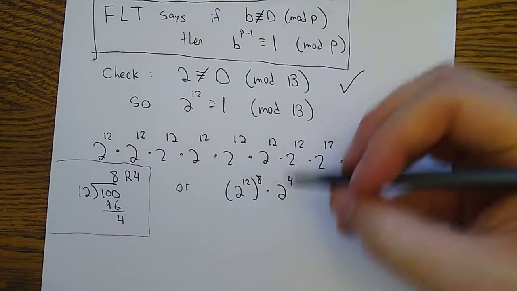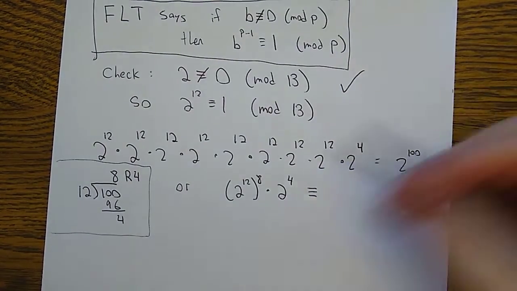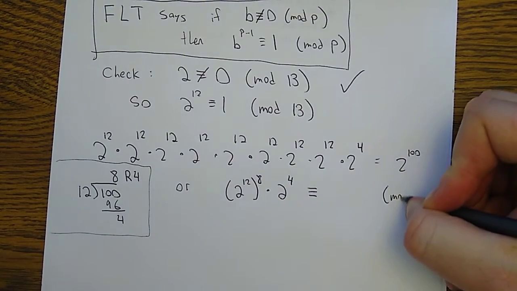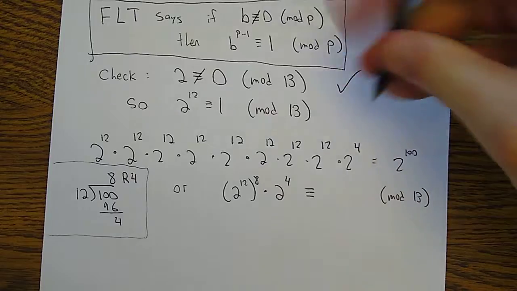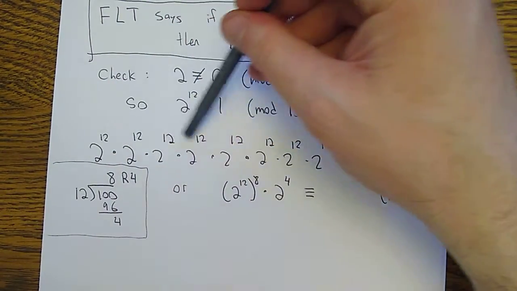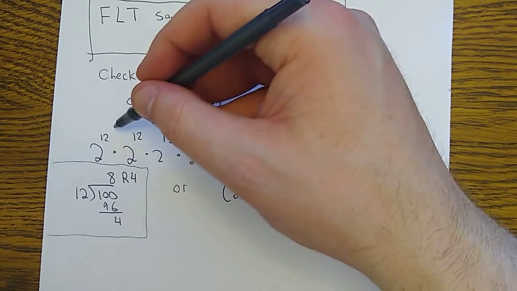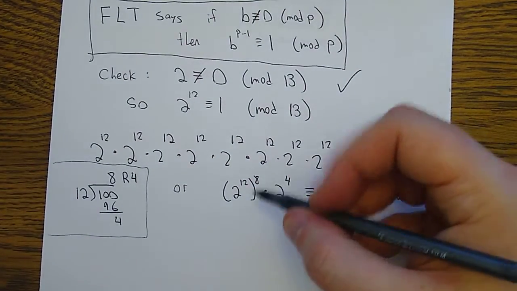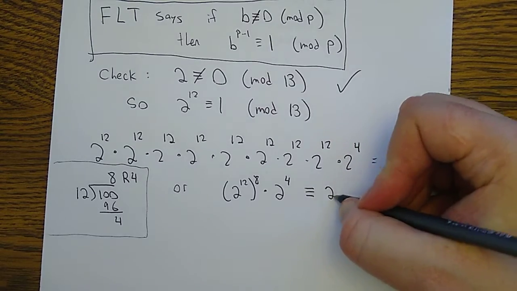But so the point is, 2 to the 12th is 1 mod 13. That's why I was separating out all these 2 to the 12th, because this is painful to write all of this, but after I write it, every single one of these is just 1. So the only thing that matters is this 2 to the 4th.